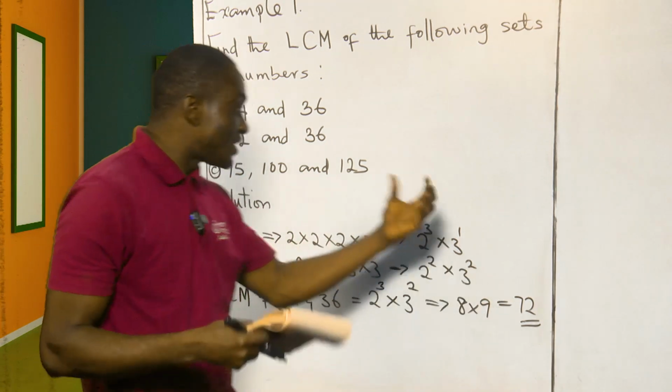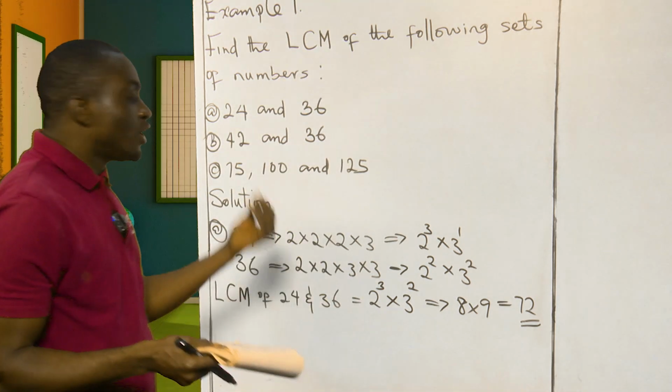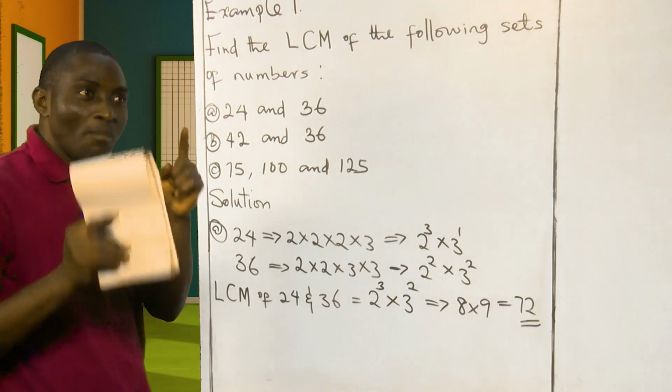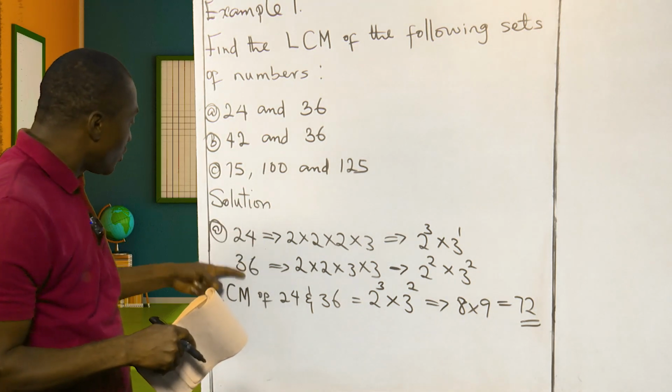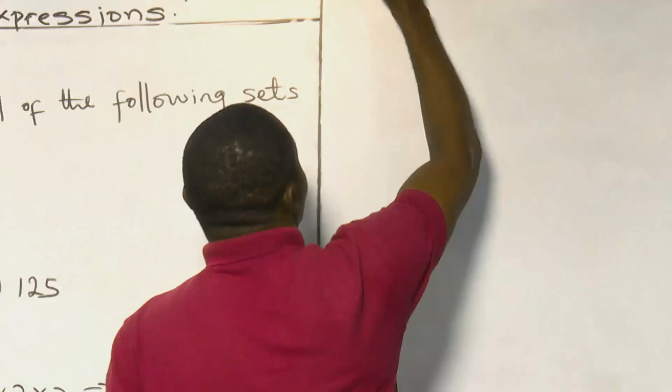So that's the meaning of LCM, the lowest common multiple. That is, the lowest number that can be divided by these two given numbers is 72.